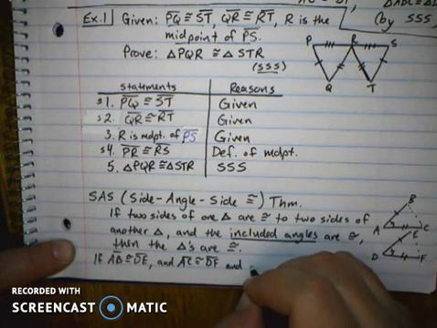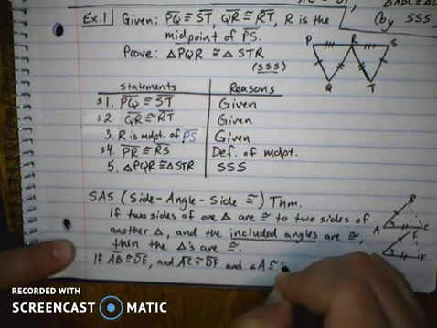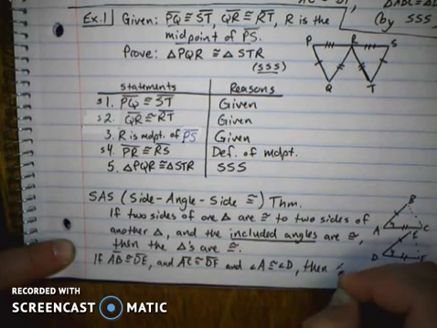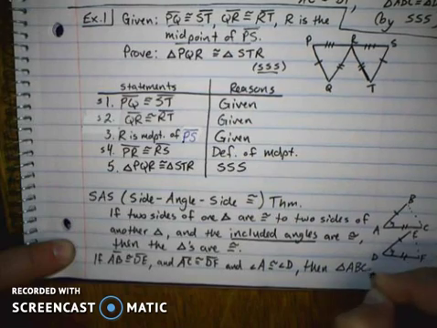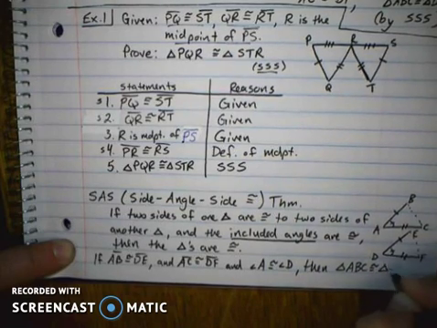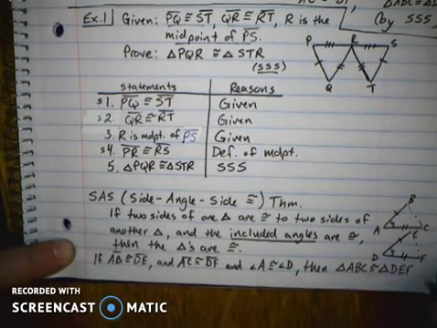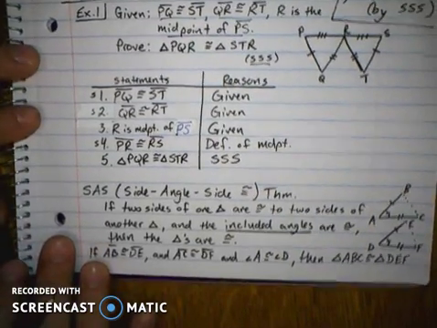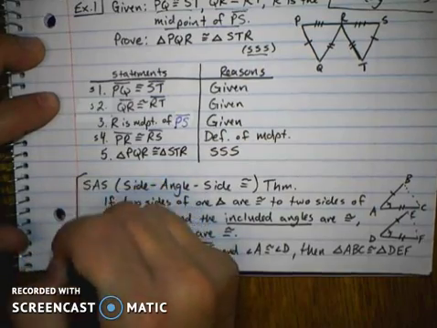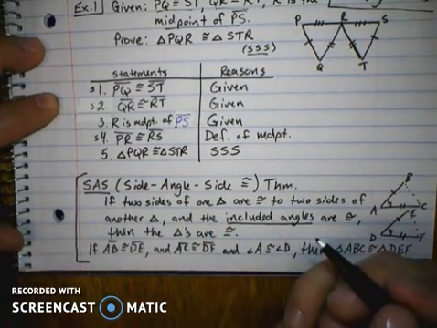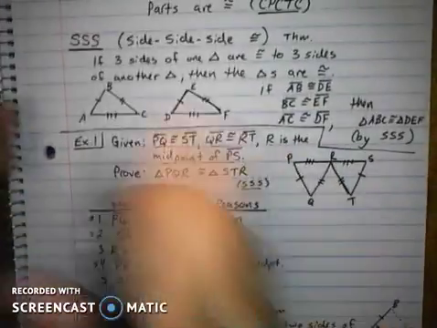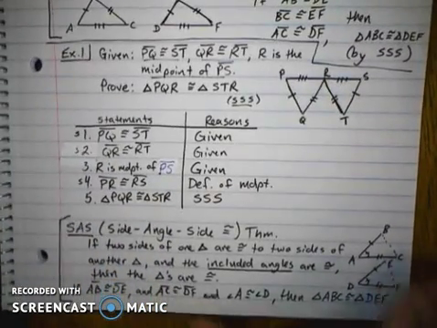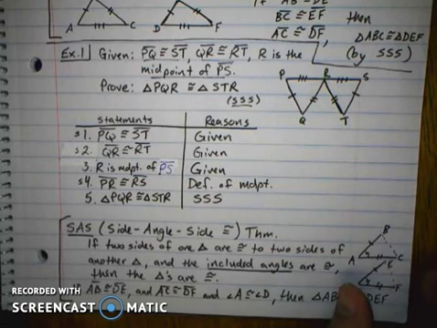So I want to say and angle A is congruent to angle D. Then triangle ABC is congruent to triangle DEF. Okay? So that is the side-angle-side congruence theorem. The first one we used was side-side-side congruence theorem. Those two theorems are two ways we can prove that triangles are congruent.